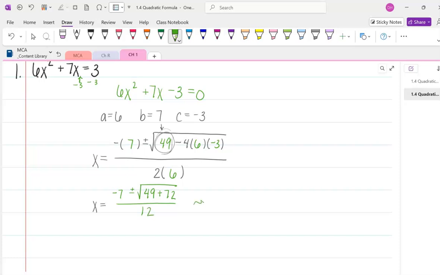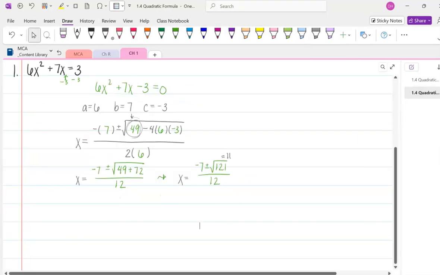From here, you've got x equals, and again, we've got negative 7 plus or minus the square root of 49 plus 72 divided by 12, and the square root of 121 equals 11.